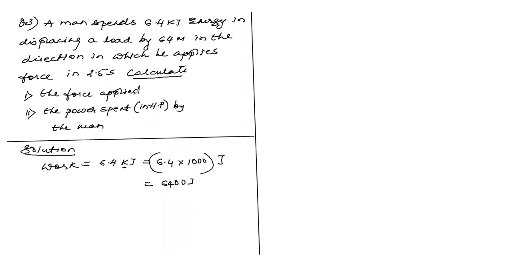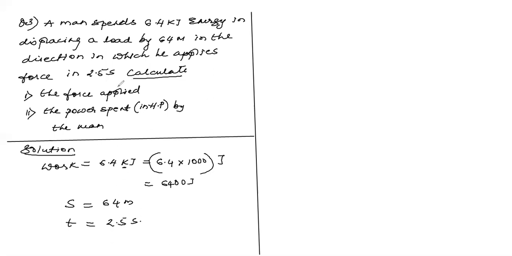Okay. So now, a man spends 6.4 kilojoules energy in displacing a load by 64 meter. Displacement is 64 meter in the direction in which he applies force in 2.5 seconds. This is 2.5 seconds.